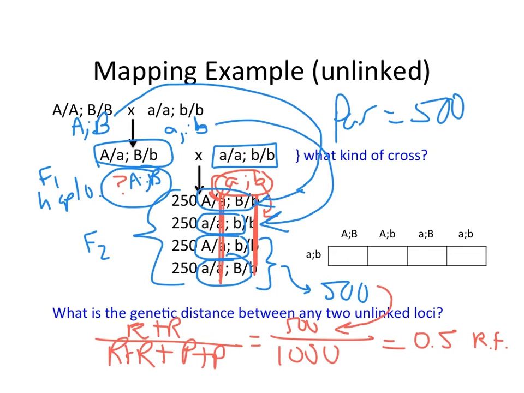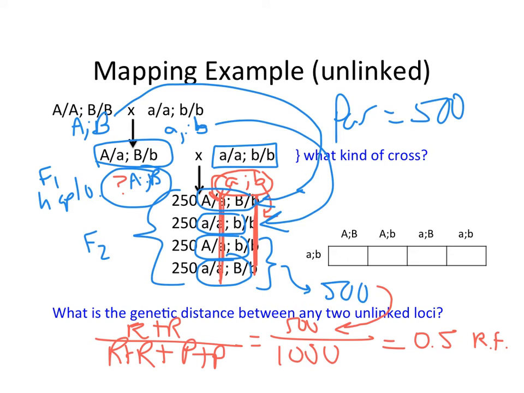These are unlinked genes. We said going into this question that they were on separate chromosomes. So unlinked genes will always, this is the part to really make sure you write down if you haven't already, be 50 centimorgans apart, 50 map units, 0.5 recombination fraction. This is what happens when your genes are independently assorting.